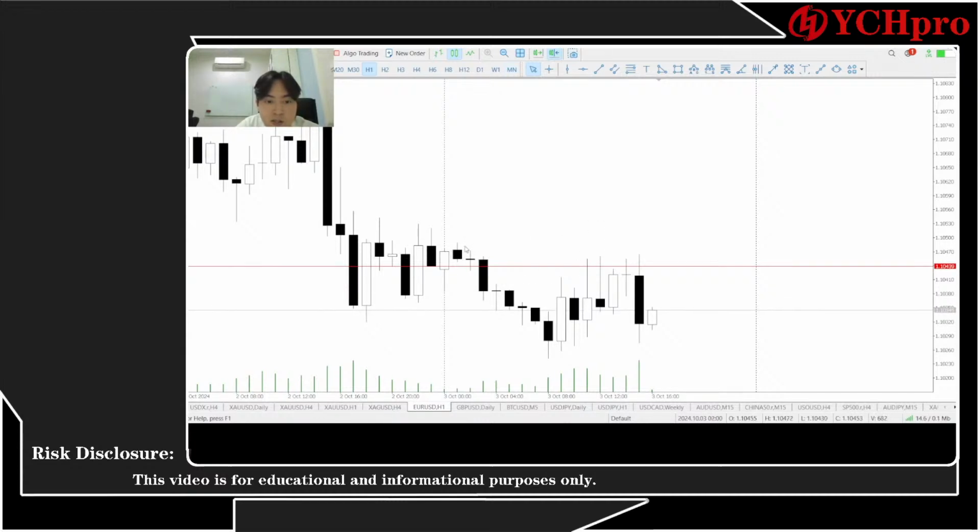You can see that the price is going lower at the opening price and reaching through this. So from what I can see, I'm thinking that the market is likely to go higher first, right from now.